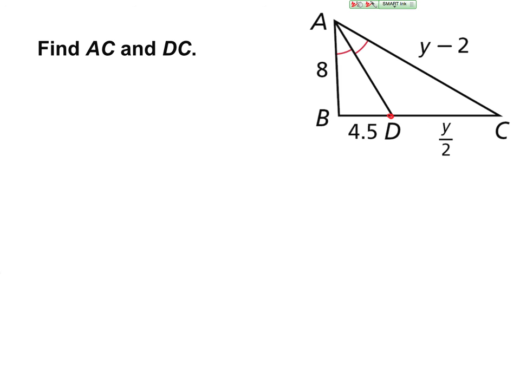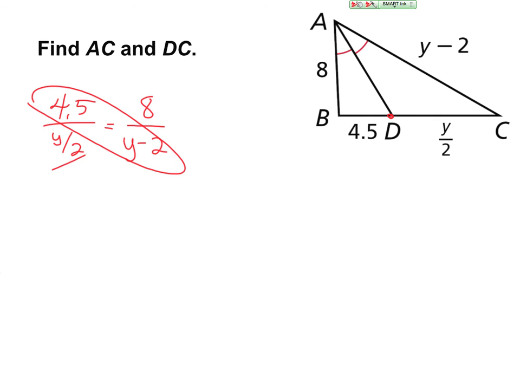You want me to go 4.5 over y minus 2, or y over 2, is that okay? 4.5 over y divided by 2 has to equal the same as 8 over y minus 2. The consecutive pieces or adjacent pieces are the ones that go in the same spots.